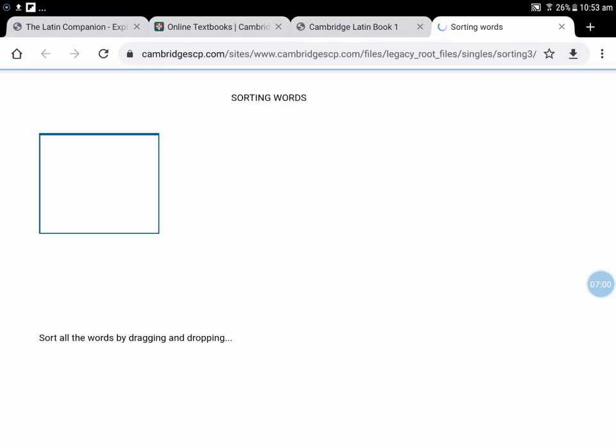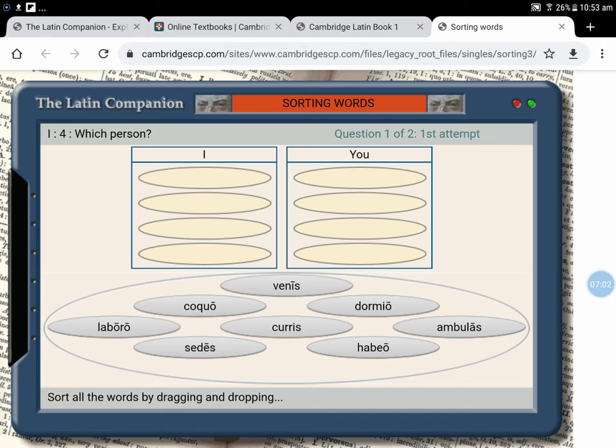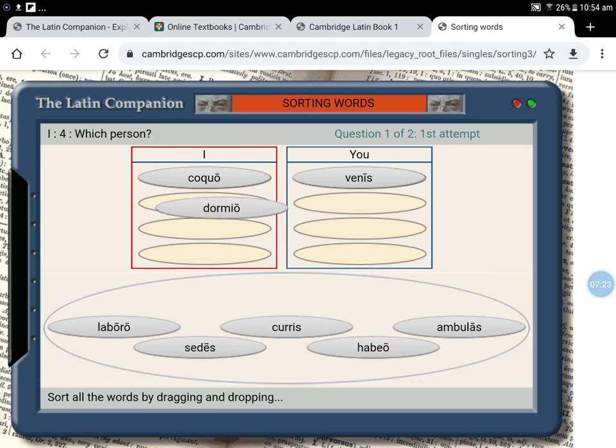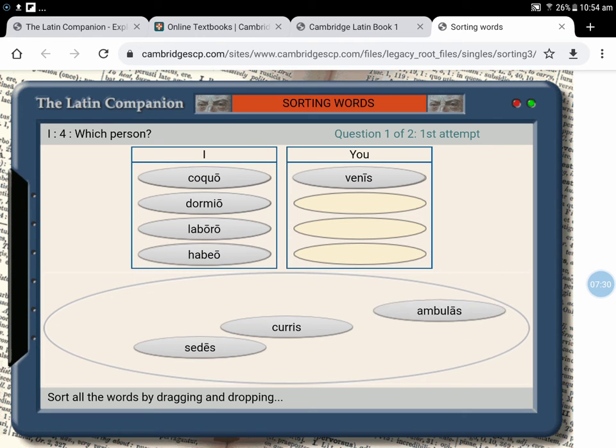Which person? SW stands for sorting words. Some words mean I, some words mean you. So if I put venis in you and coquo in I, o on the end means I do something, s on the end means you do something. I've got to be consistent. Dormio, that means sleep. Laboro, that means work. Habeo, that means have.